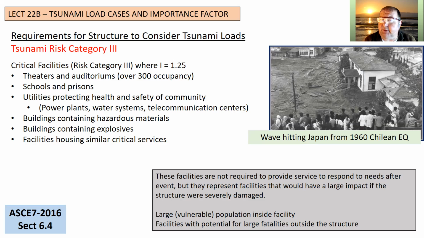The building code says we have to design those facilities to be a little more reliable in an earthquake, in a tsunami. Utilities, hazardous materials. Once again, building gets damaged, a lot of hazardous material gets out into the environment, can have a much wider impact than the loss of a traditional building. These aren't, like I say, required to respond to the tsunami, but they're going to create a large effect.